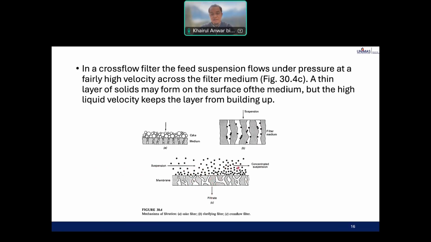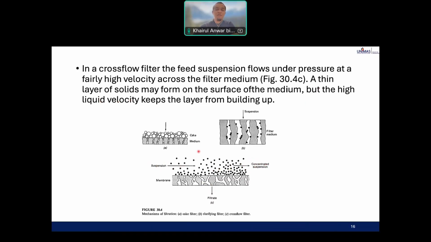The rest after the filtration, this is what we call the retentate. It should have a higher concentration compared to the feed or suspension in this case.